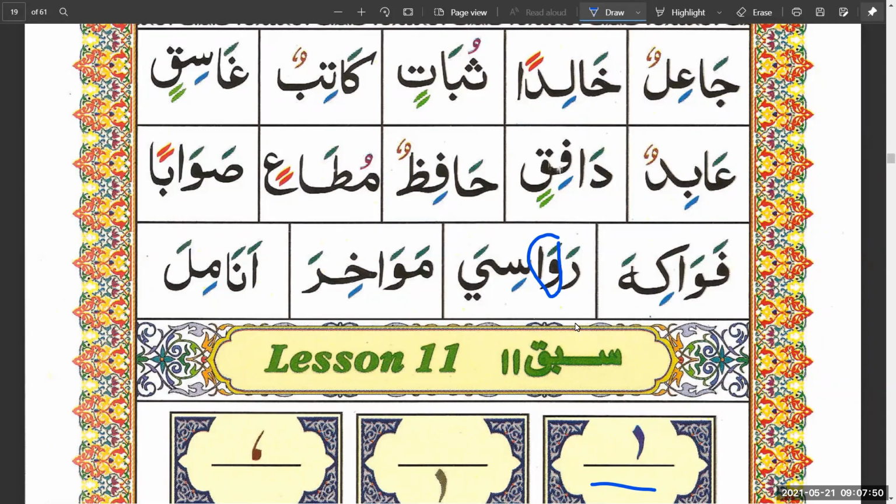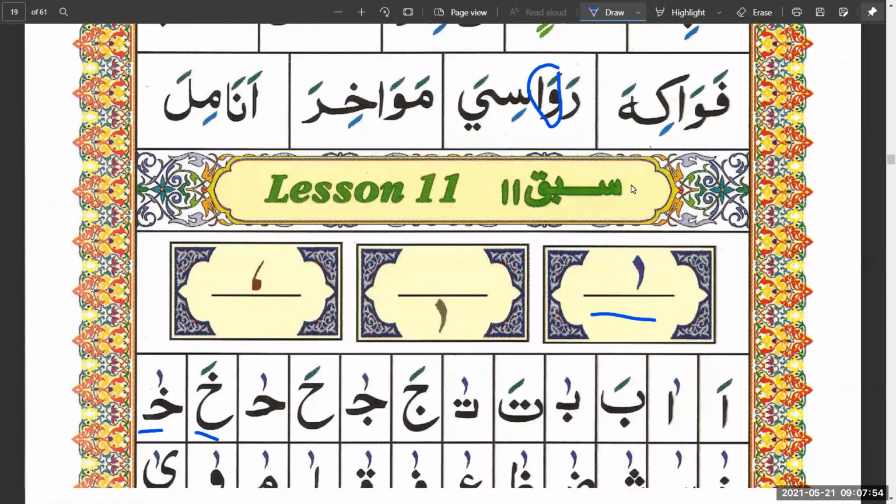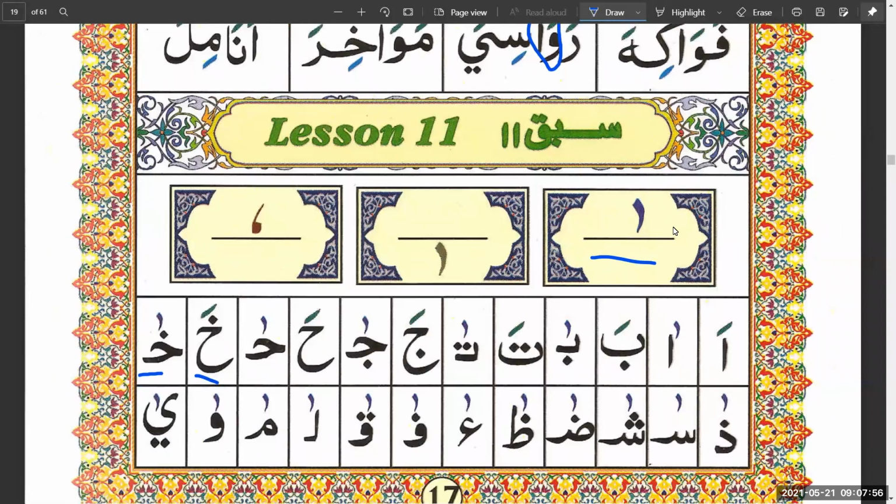So for example, this would be wa. The same rule applies for the standing fatha. The way I like to think about it is the standing fatha takes the place of an alif. So it's as if an alif was there, except they didn't write it, but rather they put it in a standing fatha form.